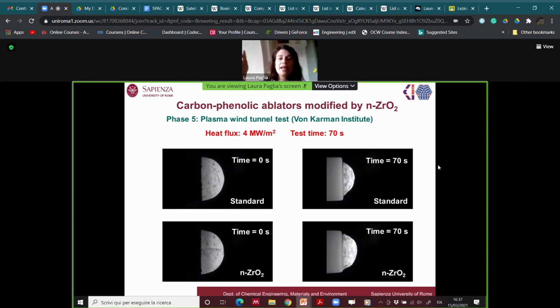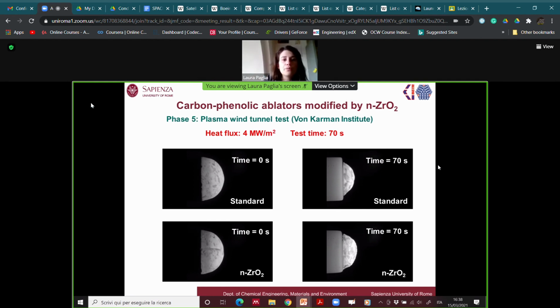Okay, when I speak about low energy orbits, I speak about, for example, a vehicle which has to perform an atmospheric re-entry from the International Space Station, and for a high energy orbit, for example, we can consider a vehicle which comes back from the Moon or from Mars or from some exploration of the universe. Okay.